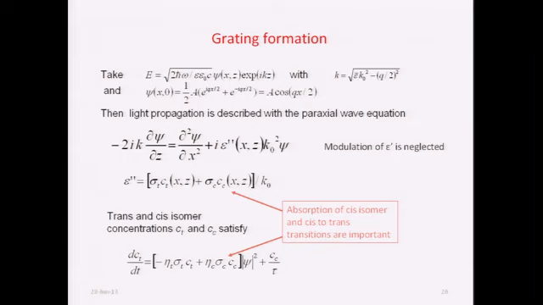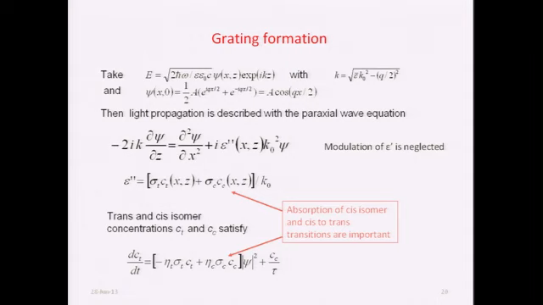And by comparing this expression with the usual expression for the exponential attenuation of intensity, you can easily convince yourself that this imaginary part of the dielectric function can be expressed in terms of the absorption coefficient divided essentially by the vacuum wave number. And then we have also the same equation as before. So this is now the light equation describing the absorption process. And this is the same equation as before describing the population of the cis and trans components.